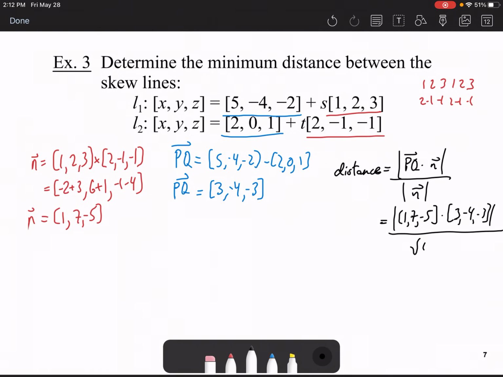Sorry, finding the magnitude of the wrong vector. Remember, the numerator has to be in absolute value signs, so it's actually going to give you a positive value no matter what you do. Because distance is always a positive value.